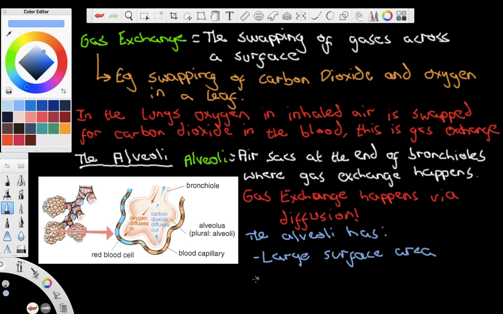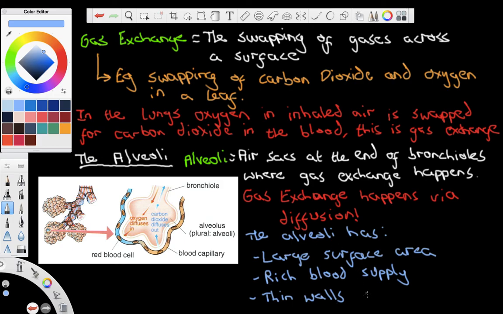It has a rich blood supply, which maintains a high concentration gradient so that diffusion always happens very quickly. It has thin walls, which reduces the diffusion distance needed for gas exchange to take place.